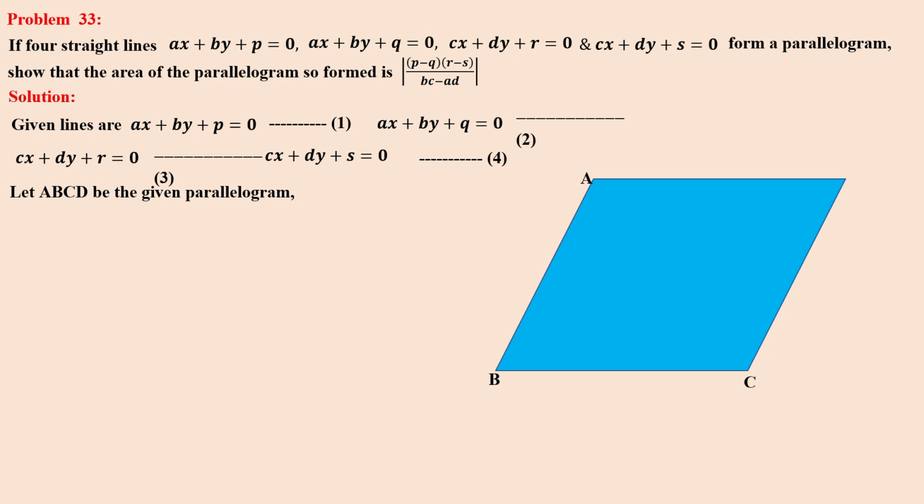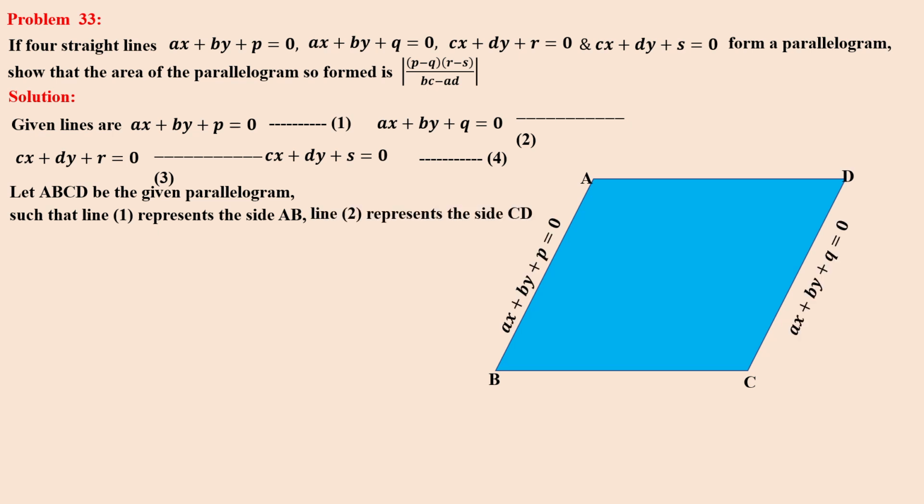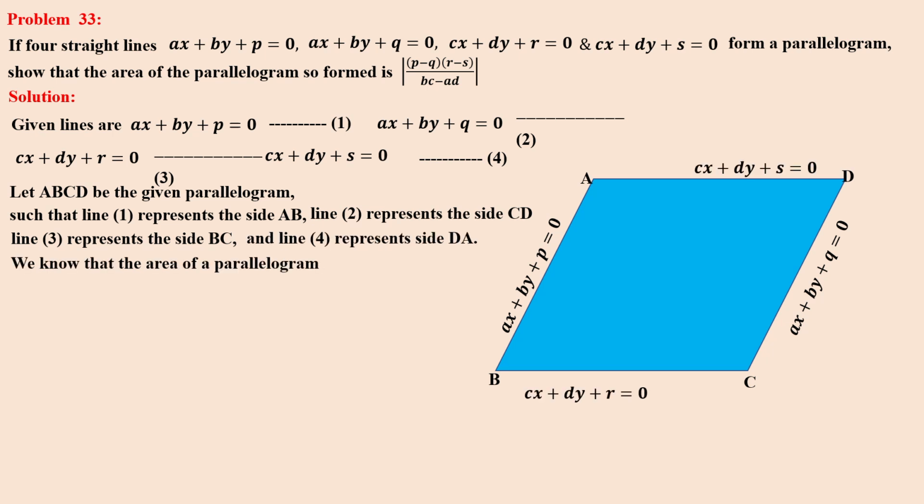So this is the given parallelogram, such that line 1 represents the side AB, line 2 represents the side CD, because they are parallel lines. So ax plus by for both the lines are the same, right? Only the constant term differs. Next, line 3 represents the side BC, and the last one, line 4, represents the side DA.